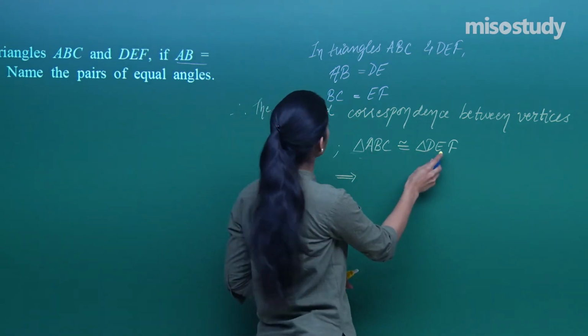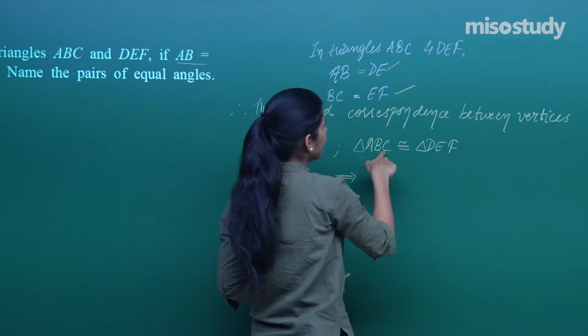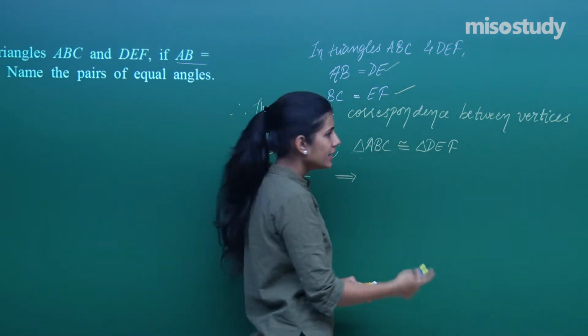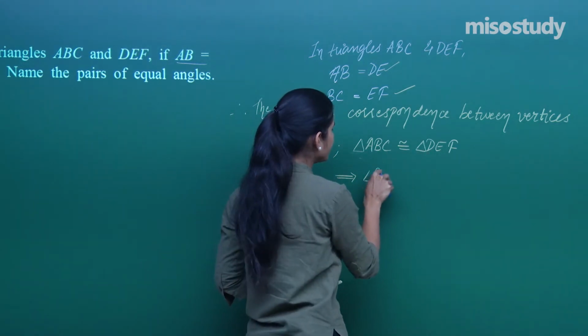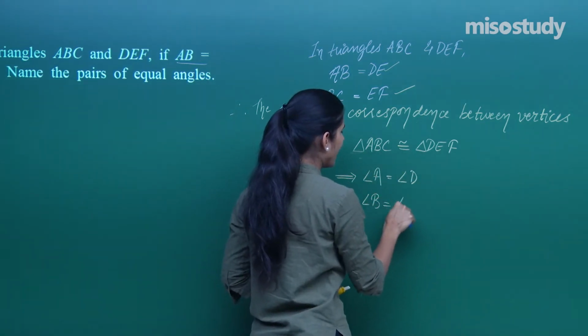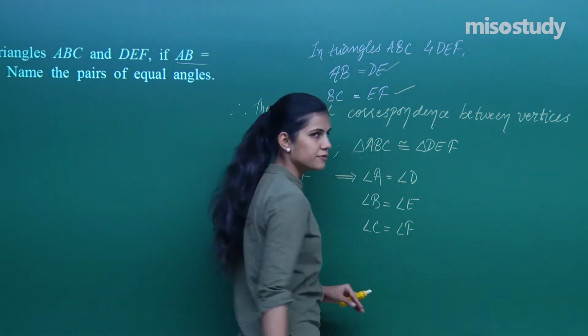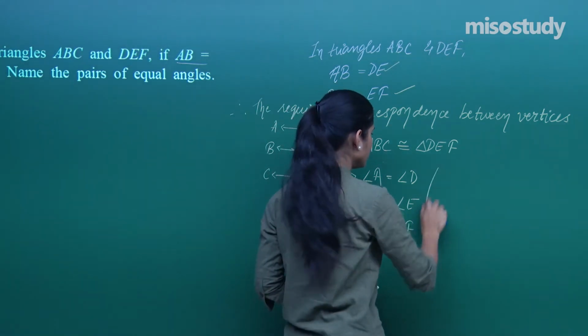So AB will be same as DE, which is given to you, BC will be same as EF, AC will be same as DF, angle A will be equal to angle D, angle B will be equal to angle E, angle C will be equal to angle F. Fine?